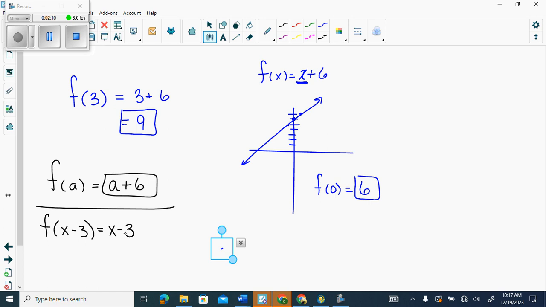You could put it in brackets, but if there's no number in front, you don't have to. And then what do we have at the back? Plus 6. So do you see I just replaced the x with x minus 3? And I got x minus 3 plus 6. Nothing crazy, right? Do we agree?